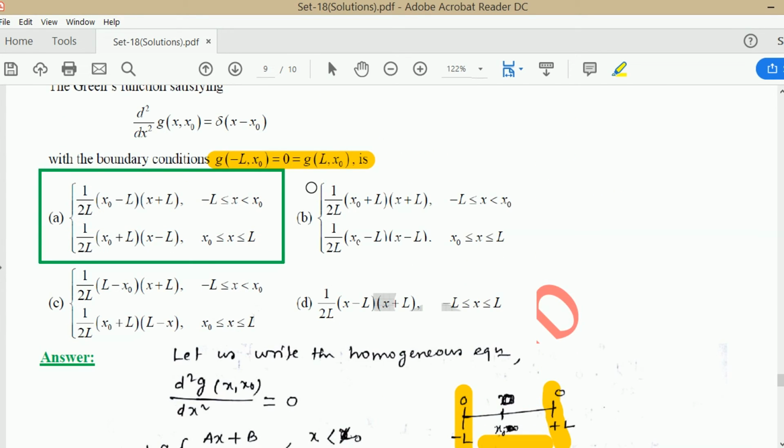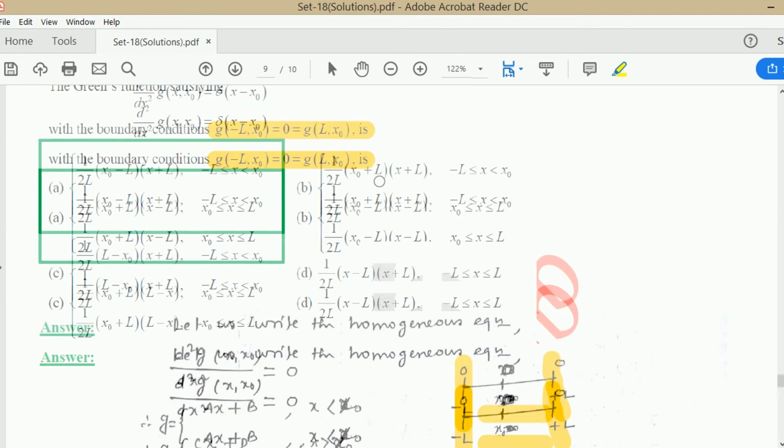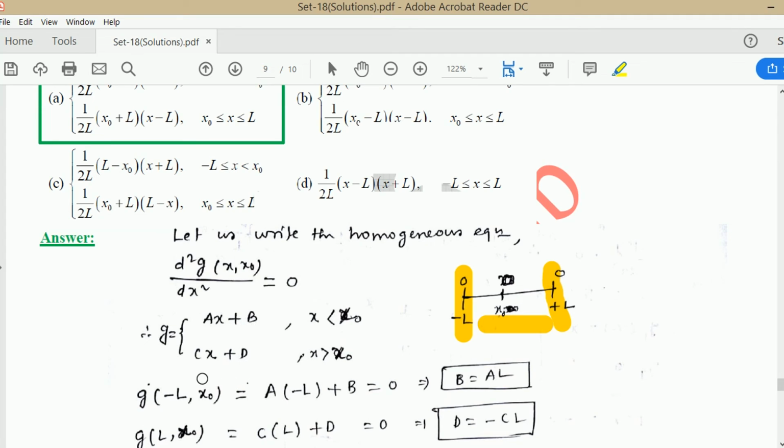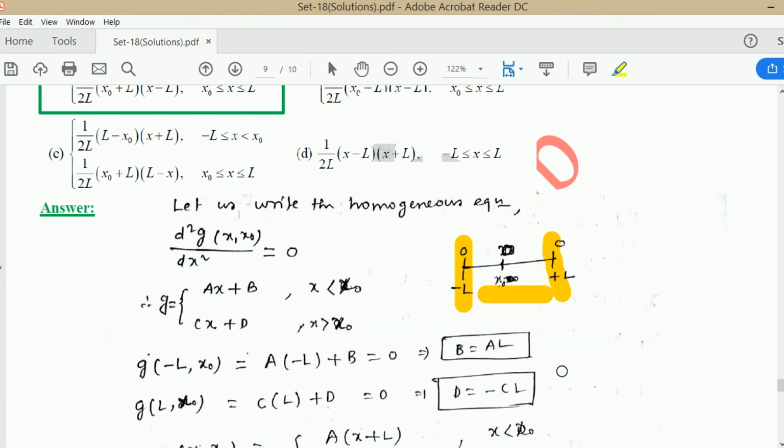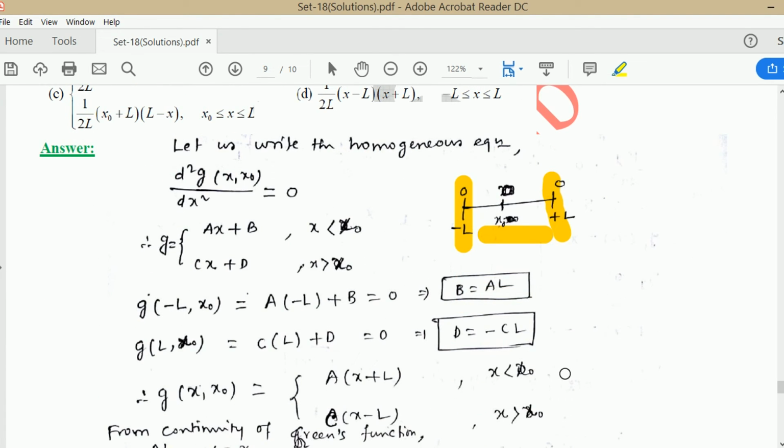Now from the given boundary conditions and properties of the Green's function, we have to eliminate these 4 constants. So first we apply these boundary conditions, and we get 2 relations. So from 2 relations we can remove 2 unknown constants.